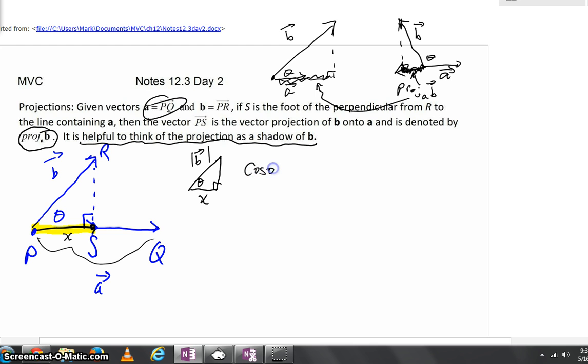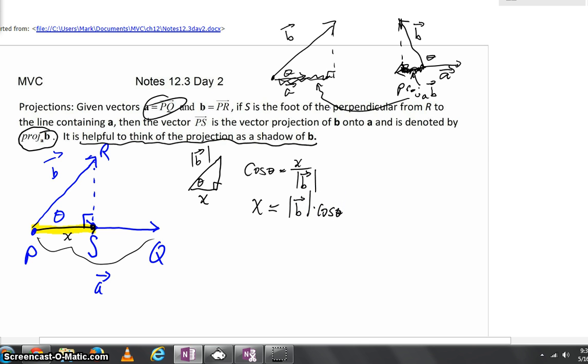SOHCAHTOA should come to mind. It looks like we have adjacent and hypotenuse. So we'd have x all over the length of vector B would equal the cosine of angle theta. And more to the point, x itself would be the length of vector B times the cosine of theta.